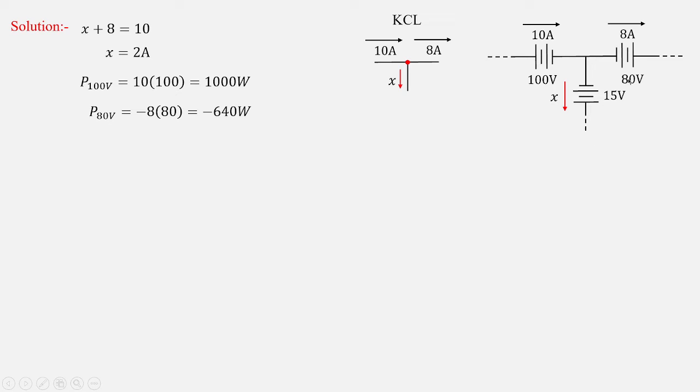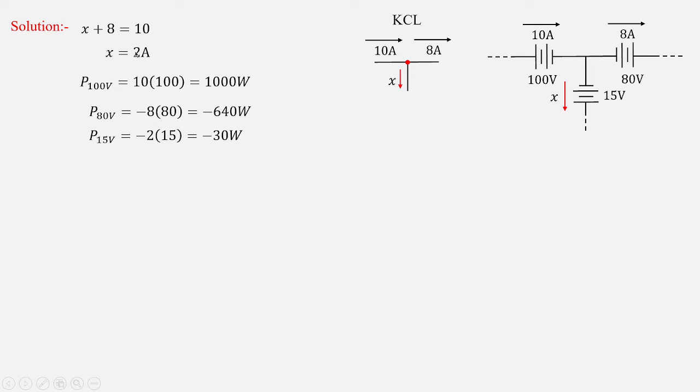Similarly, you have 80 volts over here, and current is flowing in opposition to the given assumption conditions. You can take an assumption that current is flowing from higher potential to lower potential, and in the given circuit the current is flowing from lower to higher. That is why we have taken here as minus 8. So this gives the value of power in 80 volts as minus 640 watts. Also, we have made an assumption that X is flowing in 15 volts from lower potential to higher potential.